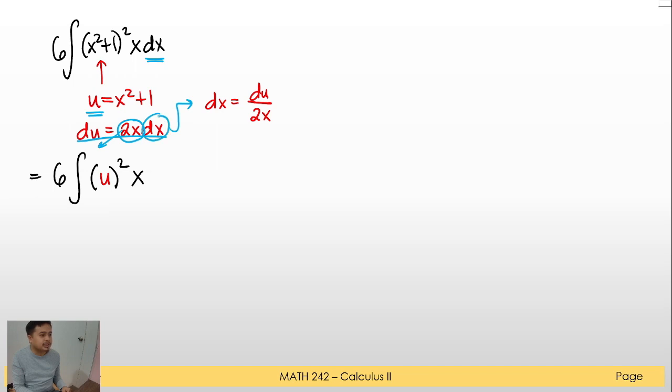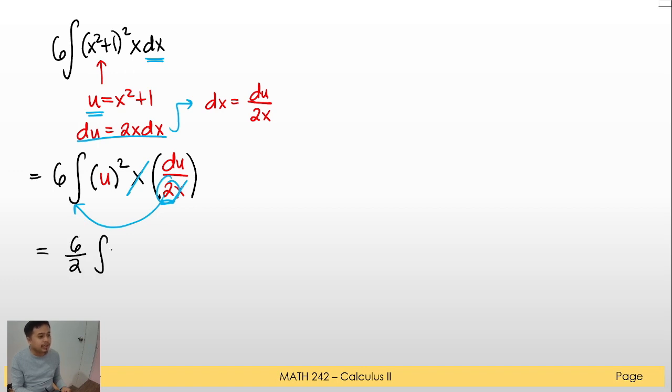So this will become multiplied by du over 2x. As you can see, we can cancel out this x here, and this 2 we can factor out outside of our integral, so this will become 6 over 2, the integral of u squared du, which is also equal to 3 integral of u squared du.